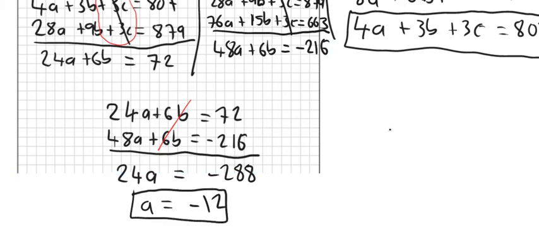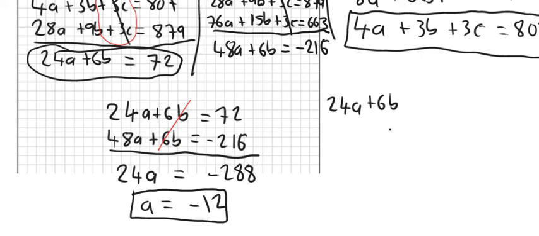Let's sub it into one of these ones then. So 24a plus 6b equals 72. So a is minus 12, so 24 times minus 12 plus 6b equals 72. So let's do 24 times 12.